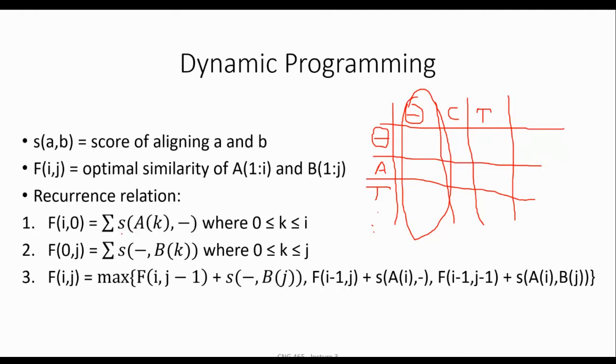And I can calculate it by a summation of scoring of A, K, which varies from 0 to I, and compare it with the dash. So here you can see A, B. It means that any elements from first sequence and second sequence, even considering the gaps inside them. So you see, we have a gap here instead of letters. That's why we put in the formula gap, something like this.